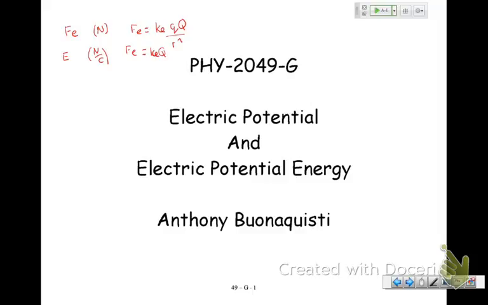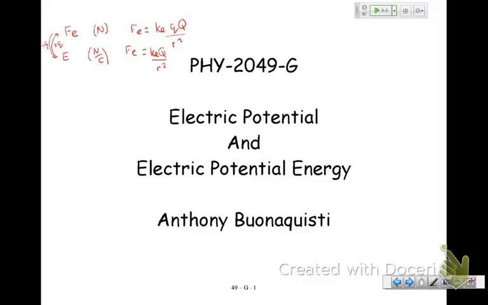That's the one that's setting up the electric field, and everything else is the same. If I want to go from the electric field to the electric force, I just multiply by Q. If I want to go the other way, I divide by Q.